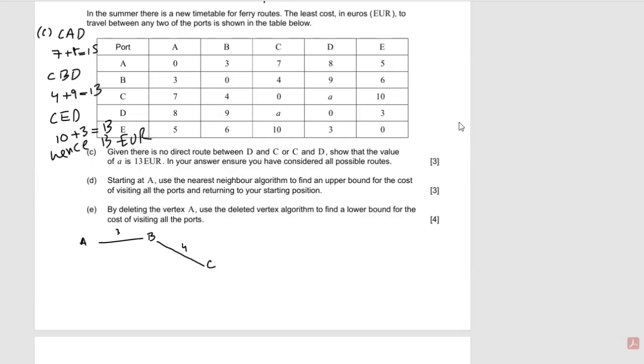You can make it roughly, but make sure you don't get confused by your own graphs. Okay, and then from C to D. Oh, we just did that, right? That's a 13. So C to D is a 13. And then D to E is a 3. Okay, and let's check what is A to E. That's a 5.